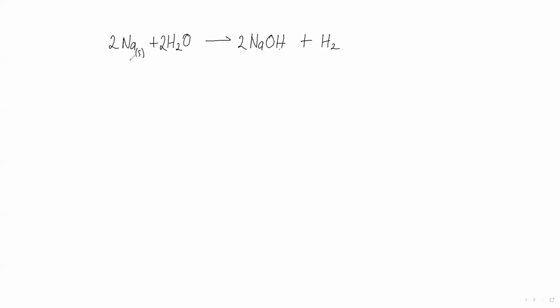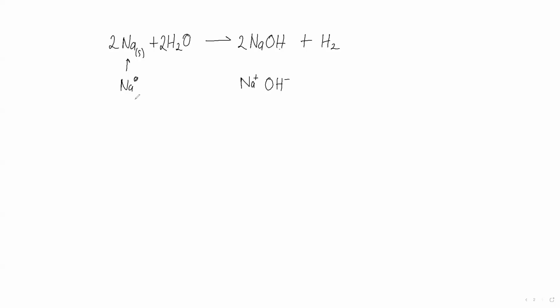Now, you know this is a redox process because sodium is starting out here as Na0, and it ends up over here in this ionic compound, NaOH. And remember the hydroxyl ion, OH, has a charge of -1, which means that sodium ends up as Na+.